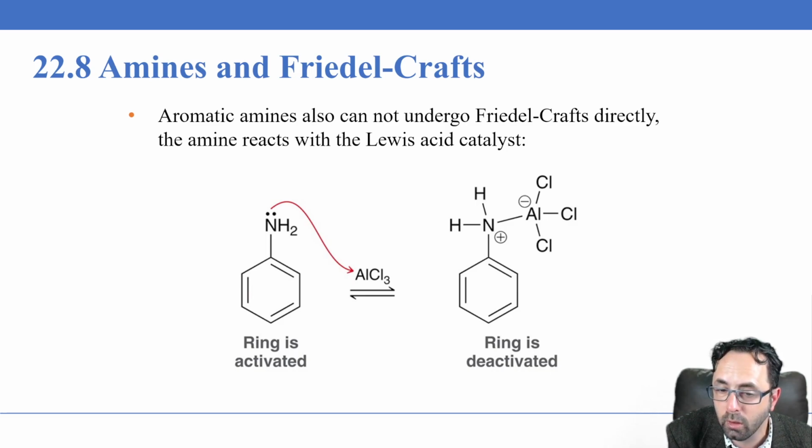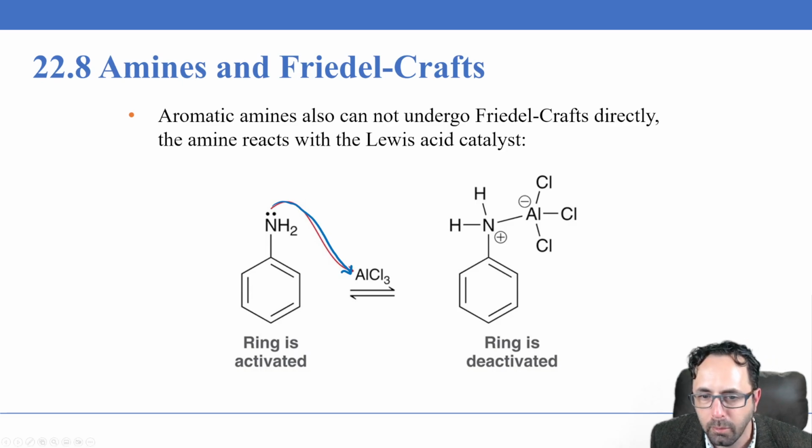More nucleophilic here will be the lone pair on the nitrogen, as we saw before when that attacked the acyl chloride. This nucleophilic lone pair here will go and attack this electrophilic aluminum, the aluminum behaving as a Lewis acid and accepting those electrons, and the nitrogen here being the Lewis base and donating them.